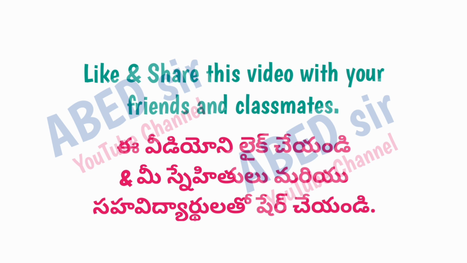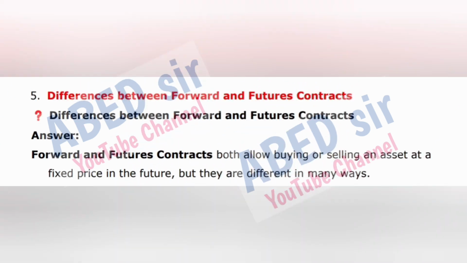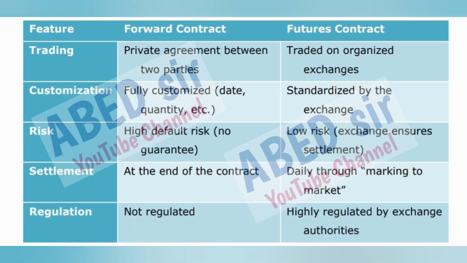Next important short question is 5, differences between forward and futures contracts. Answer. Forward and futures contracts both allow buying or selling an asset at a fixed price in the future, but they are different in many ways. Feature: forward contract, futures contract.